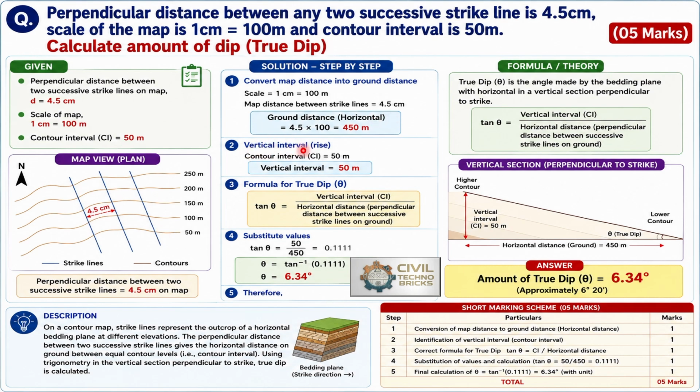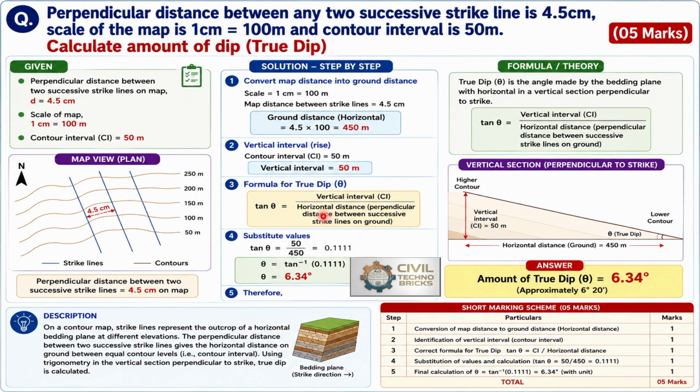Now with reference to the vertical interval or rise, we see the contour interval, that is 50 meter. So the vertical interval is 50 meter. Then we have the formula for true dip, that is theta: tan theta is equal to the vertical interval upon the horizontal distance between successive strike lines on the ground, that is, the perpendicular distance between successive strike lines on the ground.